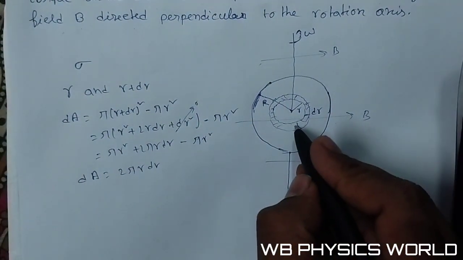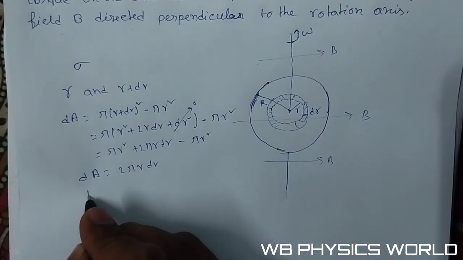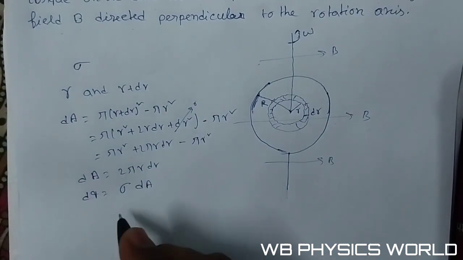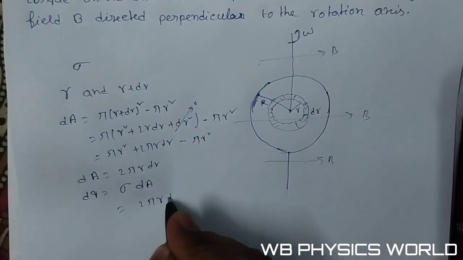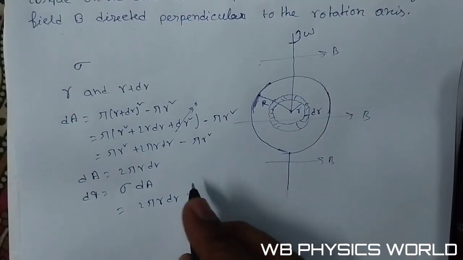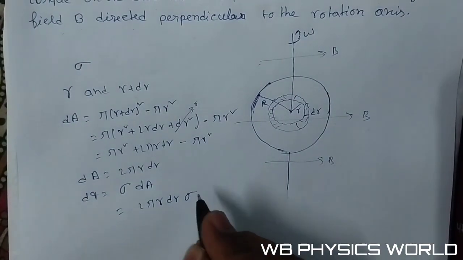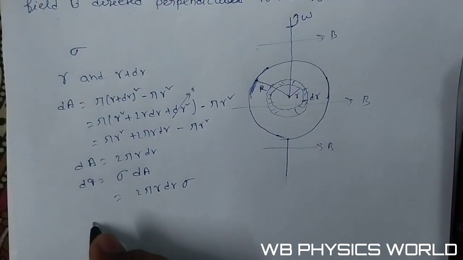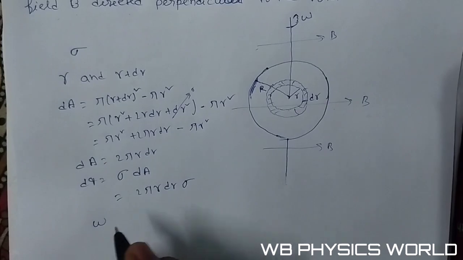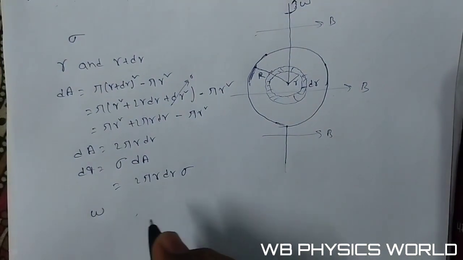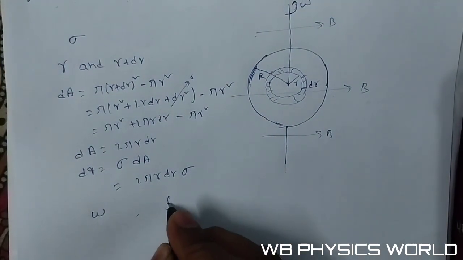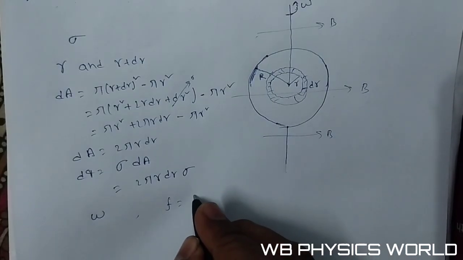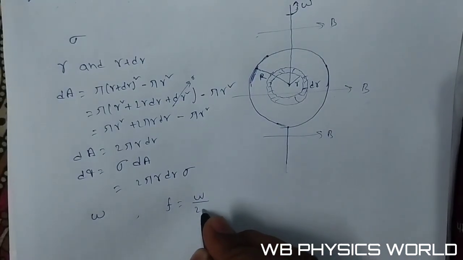Now the charge on this annular ring is dq equal to sigma dA, so 2 pi r dr into sigma. Now the ring rotates with an angular velocity omega, so the frequency f equals omega by 2 pi.